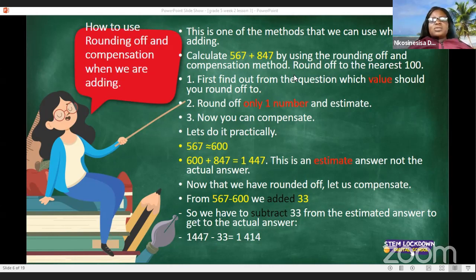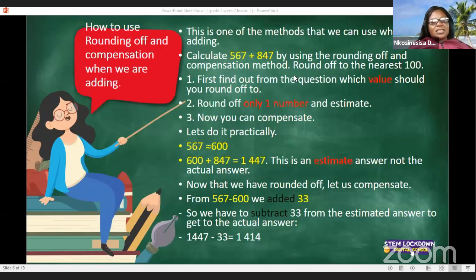Okay, so this is one of the methods that we can use when we're adding. Calculate 567 plus 847 by using the rounding off and compensation method. And then you see I gave an instruction, round off to the nearest 100.